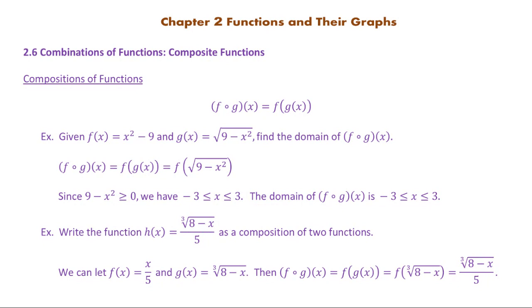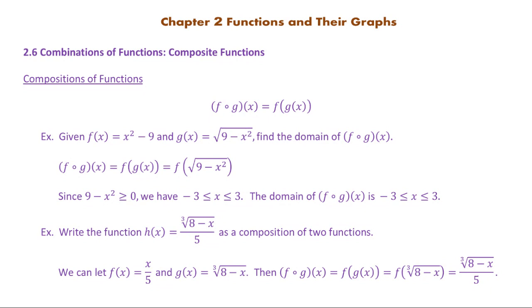All right. So that's this example, and the last example is to write the function h equal to cube root of 8 minus x over 5 as a composition of two functions. So we are doing the opposite this time. We are given a function and we try to break it into a composition of two functions, and there are different ways to do it.